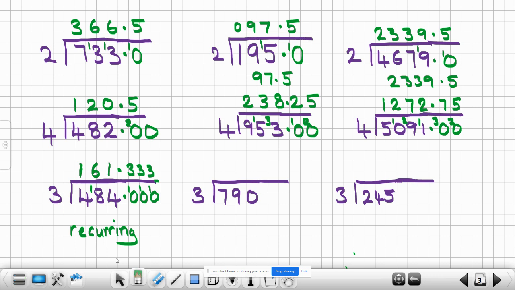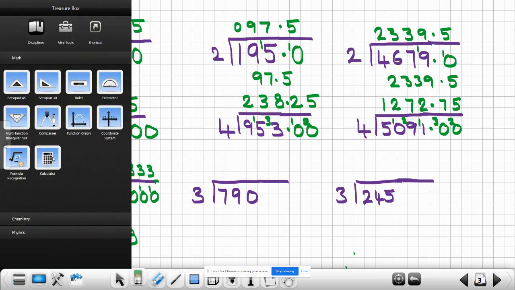And as soon as you see a 3 and it's dividing into an even number, then possibly you're going to get that. Not always, because if we had a 6 then or a 0, then it might not happen. But it's something to watch out for. Let's check it on the calculator.